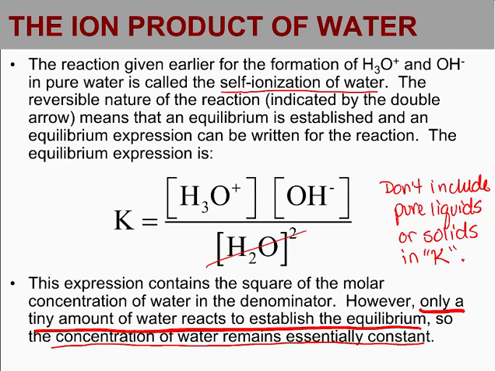Now, we can include gases and aqueous solutions. That's totally fine. So H3O plus and OH minus are both considered aqueous because they're dissolved in water. So we can include those in our expression.